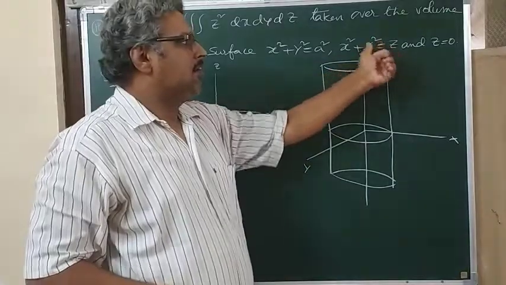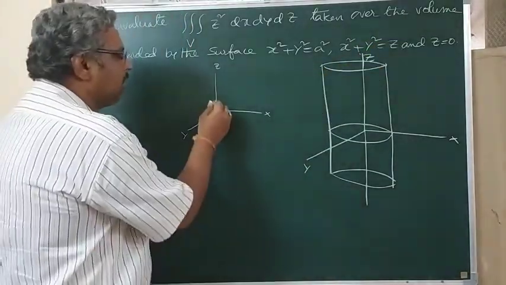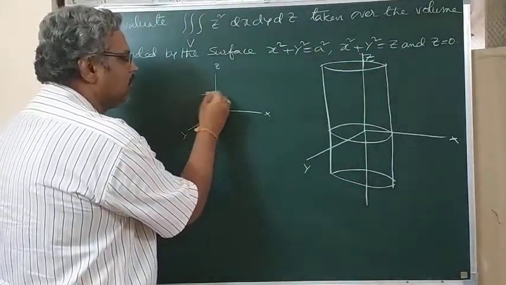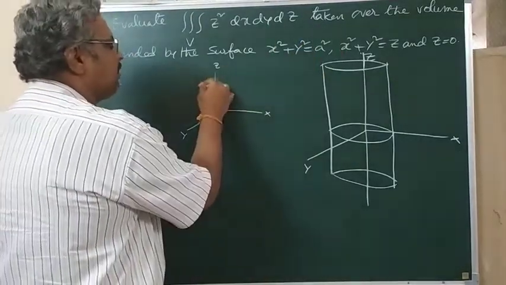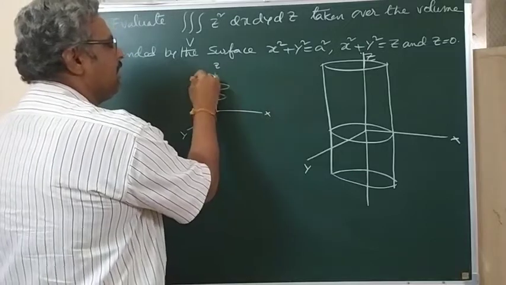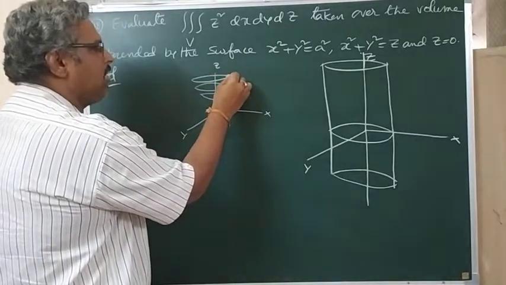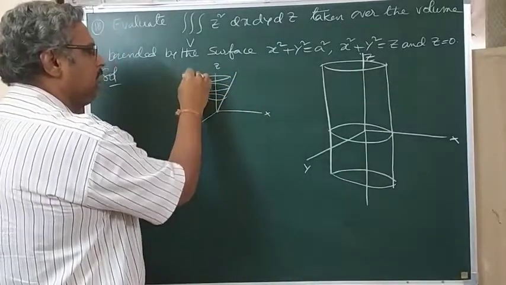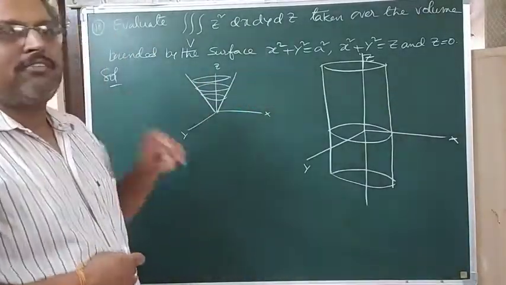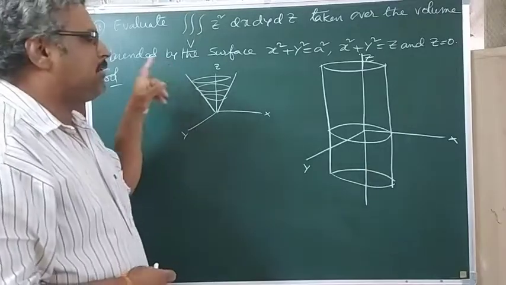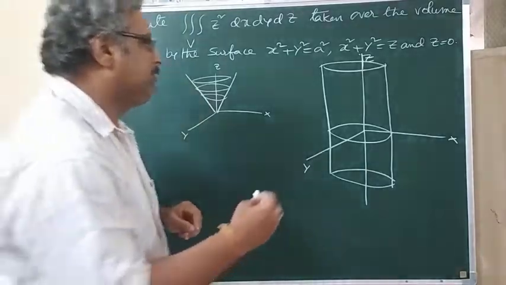Z equals 1, x square plus y square equals 1, is a circle. Z equals 2, another circle. Z equals 3, another circle. If you join all the curves for different values of z, it represents a paraboloid.